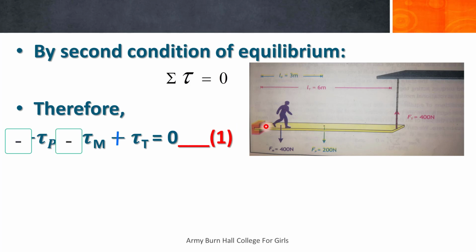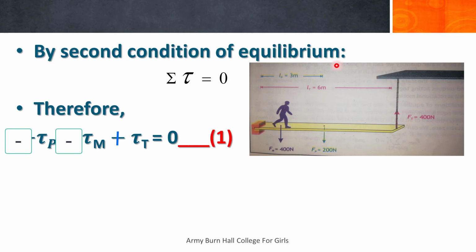You can see, if we take this support, point A, as the axis of rotation, then what will happen? The weight of the man will create a torque in the clockwise direction, FB will again create a torque in the clockwise direction, and FT will create a torque in the anti-clockwise direction.